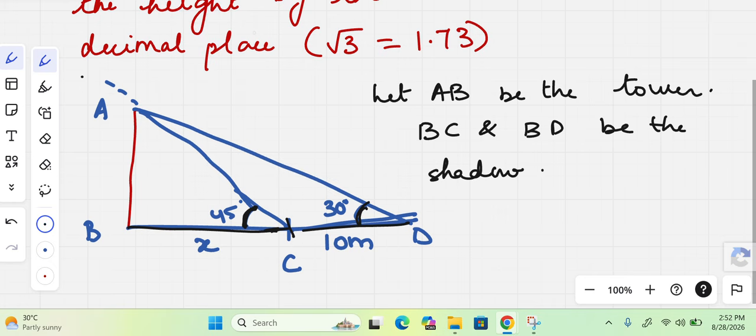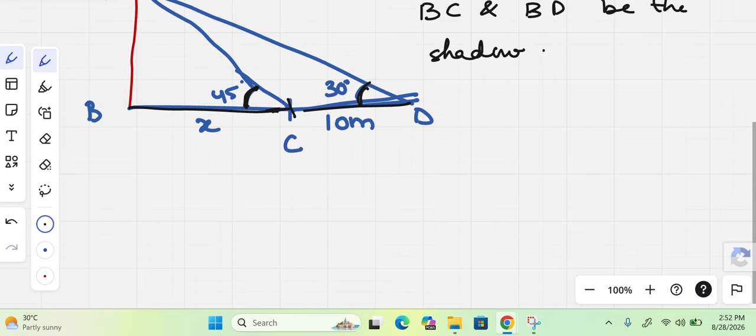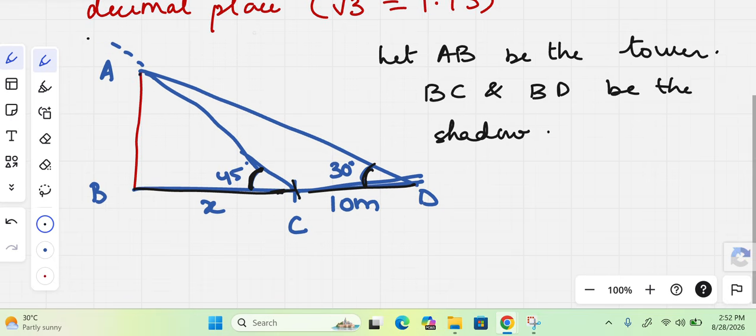Now, kids who know it, this is 45. I have to find the length of the perpendicular. Is that correct? So what formula can I use? The trigonometric tan ratio.